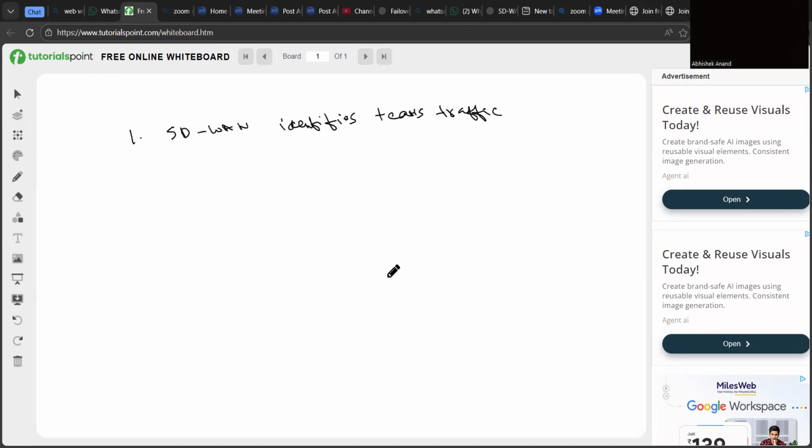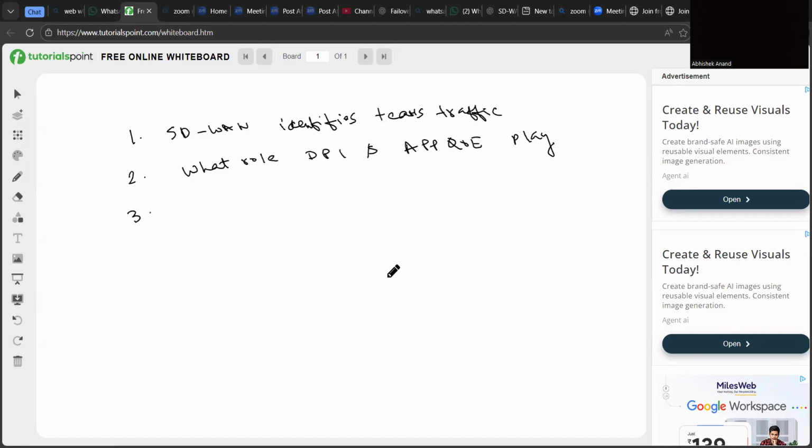The second thing is what role DPI and AppQE play in SD-WAN.